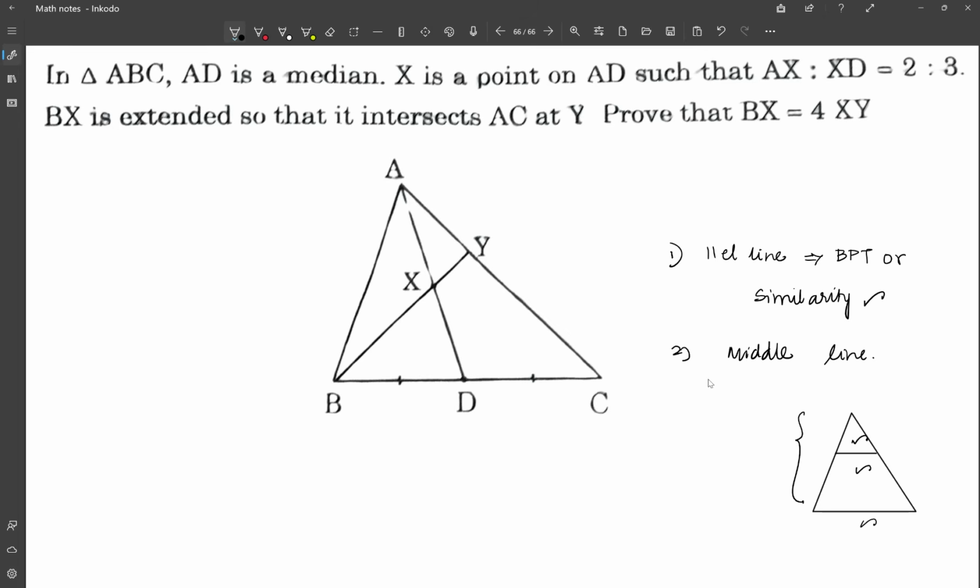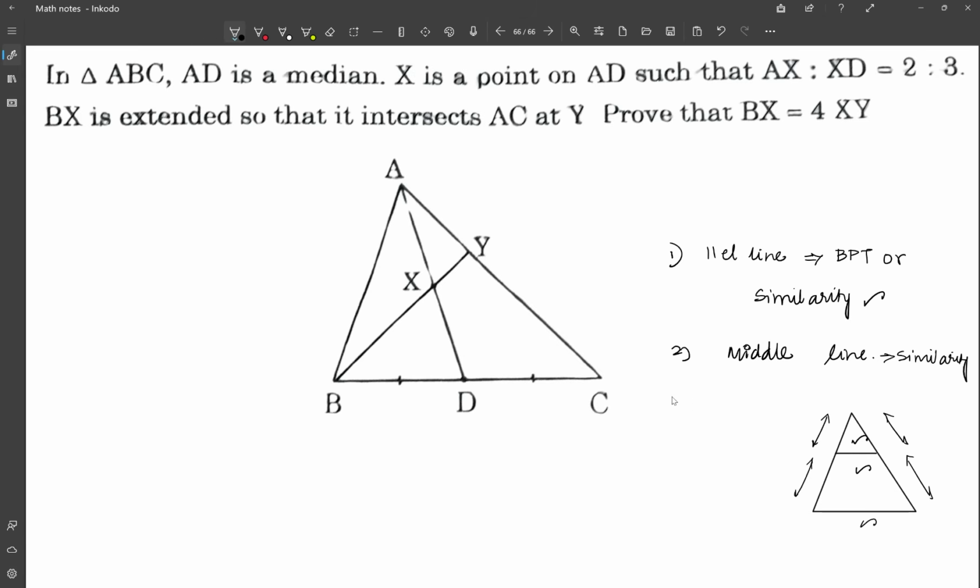So in this case, you should not use the basic proportionality theorem. The basic proportionality theorem is only used when there is a ratio of the two lateral sides and not the middle one. In that case, you will use BPT. Now, if the middle line is involved, you will only use similarity.